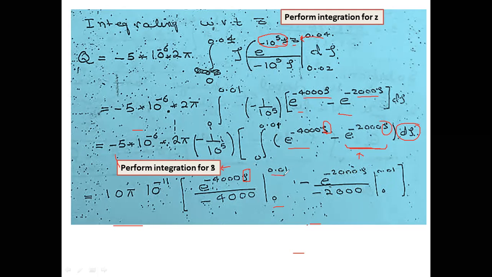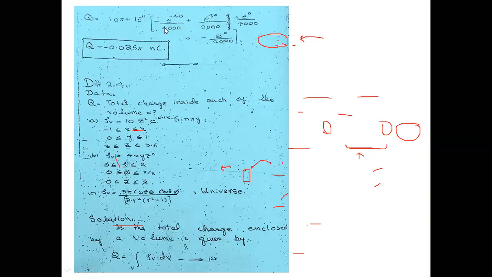Now replacing the limits, we will have four values: 1, 2, 3 and 4. So replacing, we have minus 4000 e raised to the power minus 2000, and e raised to the power 0, and e raised to the power 0.